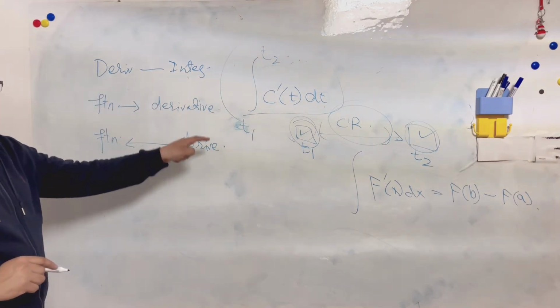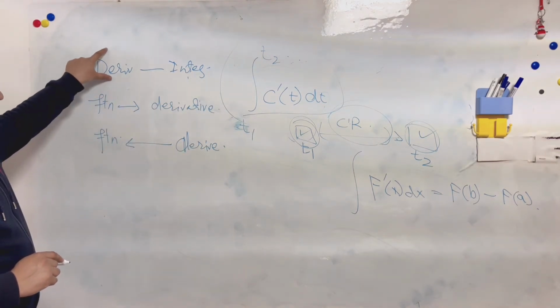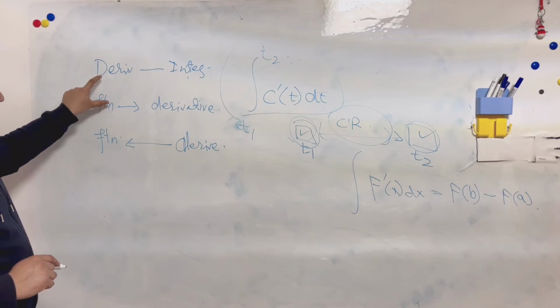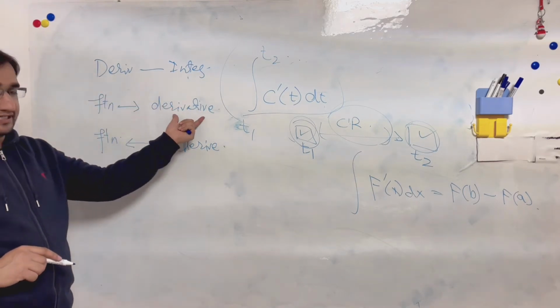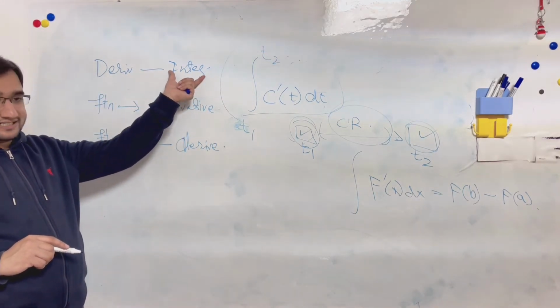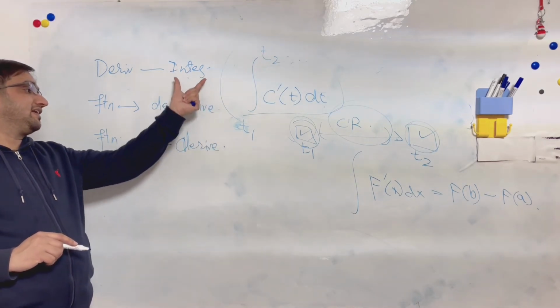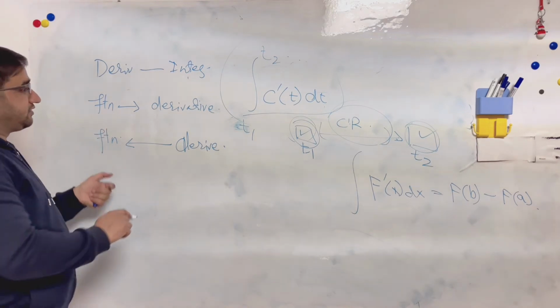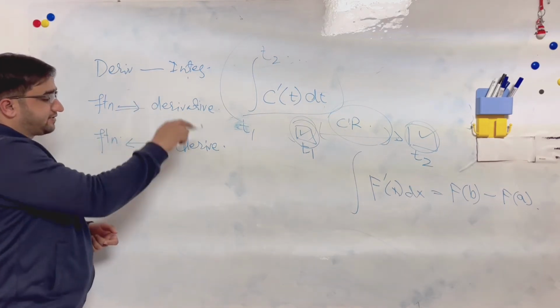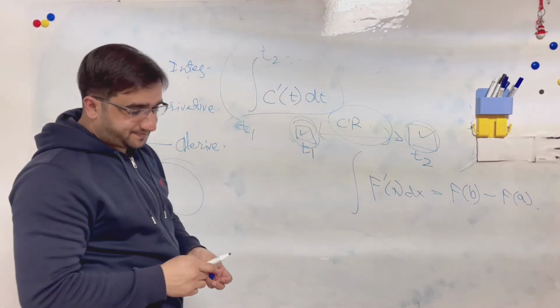That is why they are the reverse process. In case of derivative, you apply a derivative on a function and you get the derivative. In case of integration, you have a derivative already and you apply the integral to go back to the original function. So they go in reverse order, this cycle.